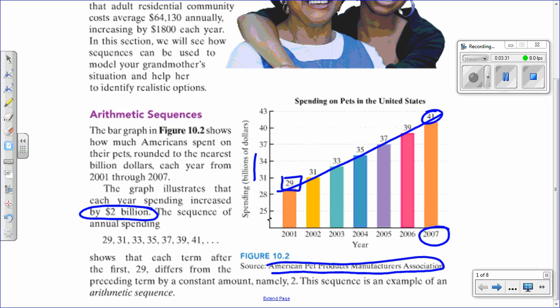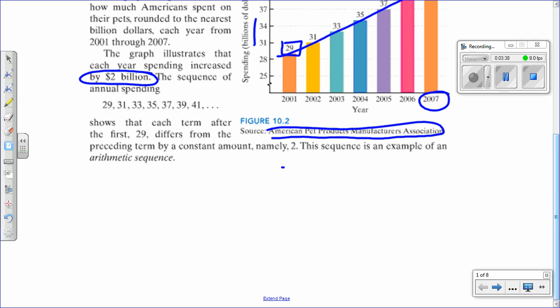Now, looking at the numbers listed here separated by commas, what is the difference between the first and the second term? 2, right? And between the second and the third term? 2 again, and the same applies for all of them, a plus 2. That constant amount, which is 2, is what we call the common ratio.